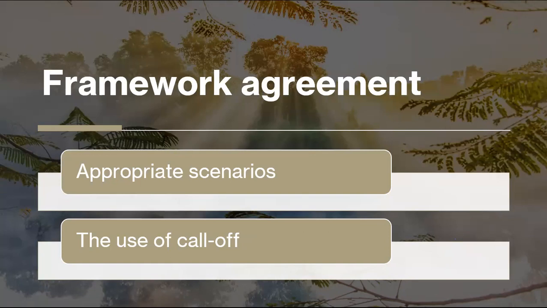Another type of question is where they give you a scenario in which the buyer is not sure exactly when they need such a product or service. Then they ask you which type of agreement or contract would be appropriate for that scenario.